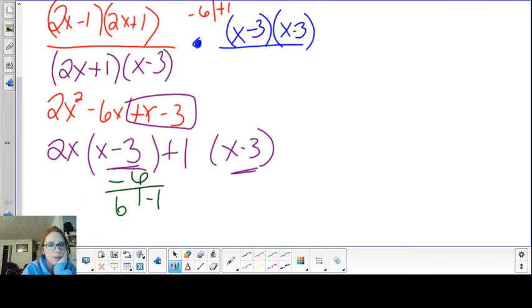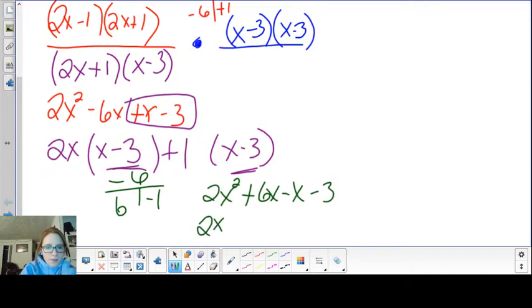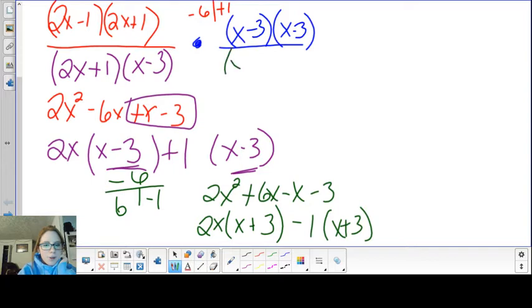So I have 2x squared plus 6x minus x minus 3. So I take out a 2x, that's with x plus 3. Leave a little space, x plus 3. I divided out a -1. So on the denominator, I have x plus 3 and 2x minus 1.